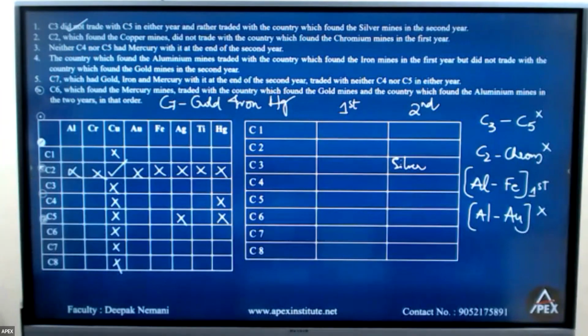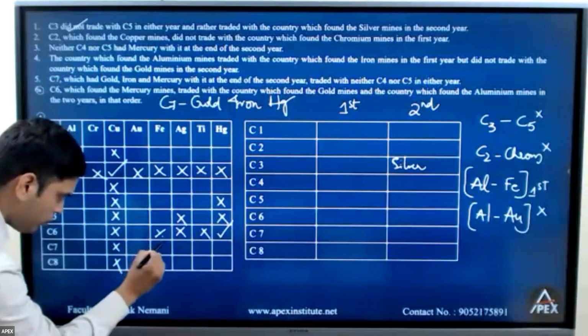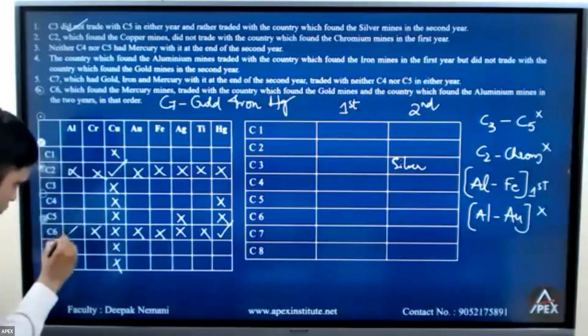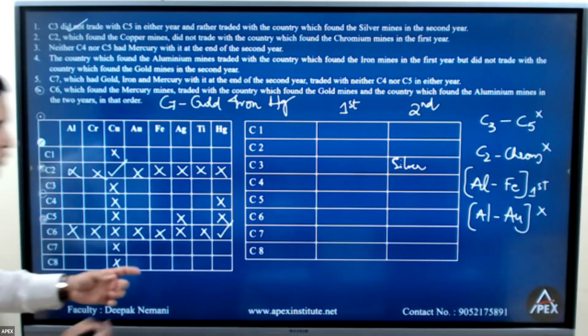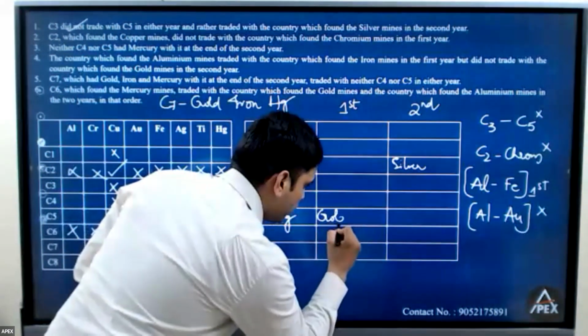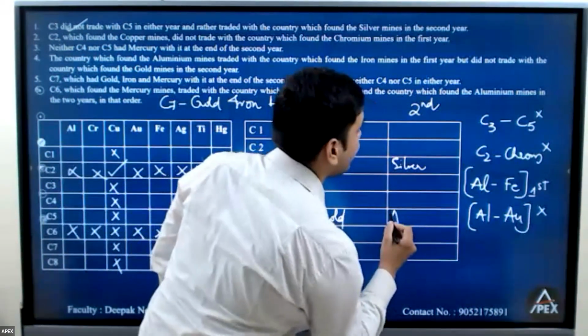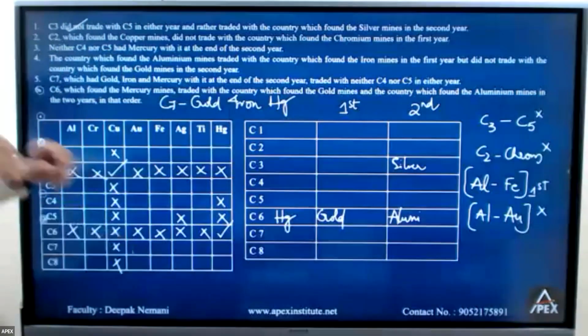My bad. Now C6 which found mercury mines traded with the country which found gold mines and the country which found aluminum mines in the 2 years in that order. So C6 has mercury mines, then gold, and this one aluminum in the 2 years.